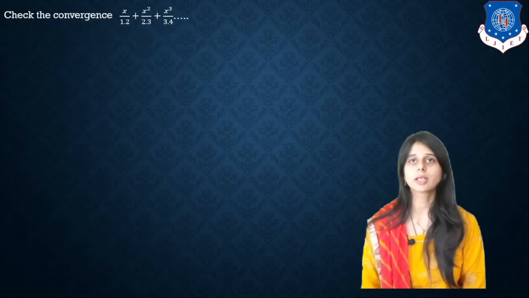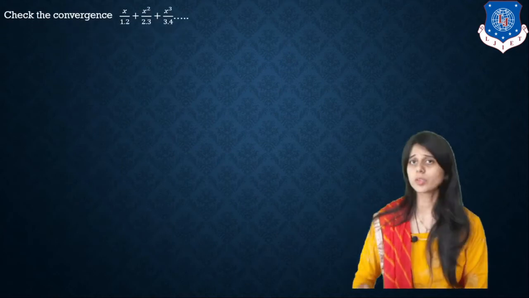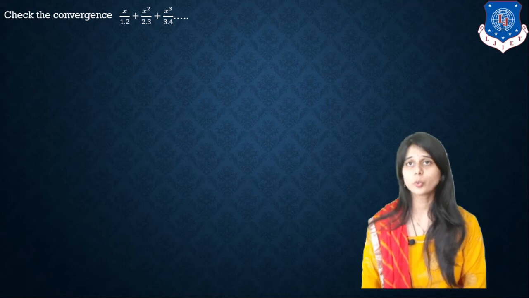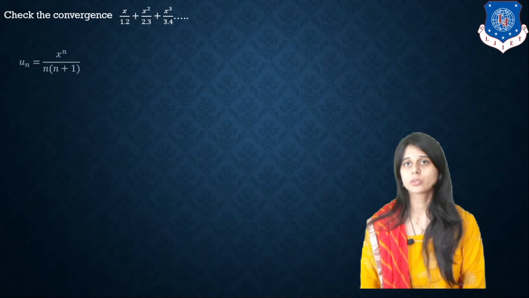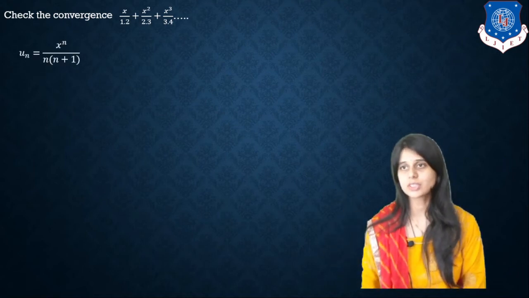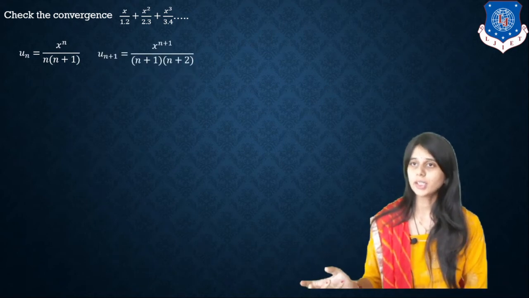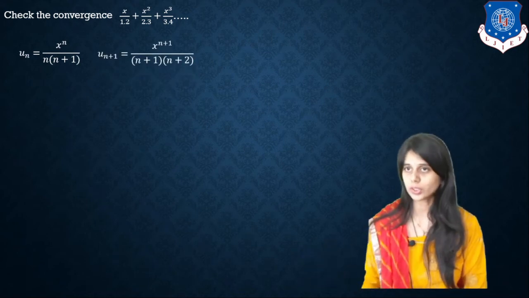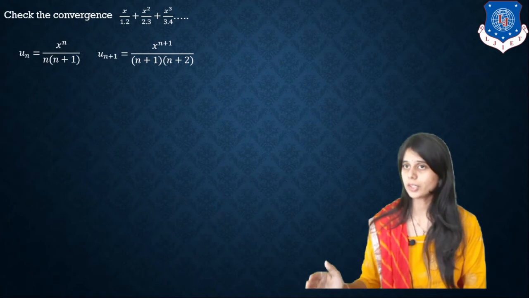Now we take an example. Check the convergence of x upon 1 into 2 plus x square upon 2 into 3 plus x cube upon 3 into 4. So un is x raised to n upon n into n plus 1. This is the general term of this series. We take un plus 1 for the ratio test, because we have to apply the ratio test.